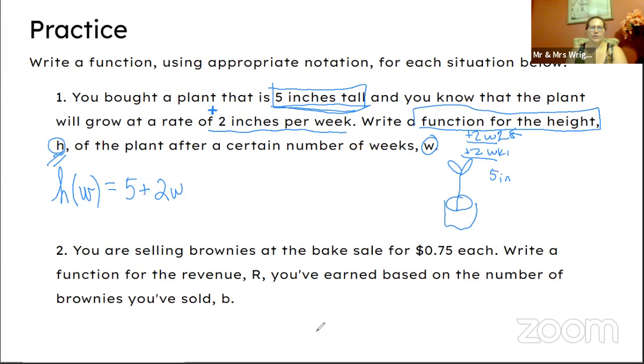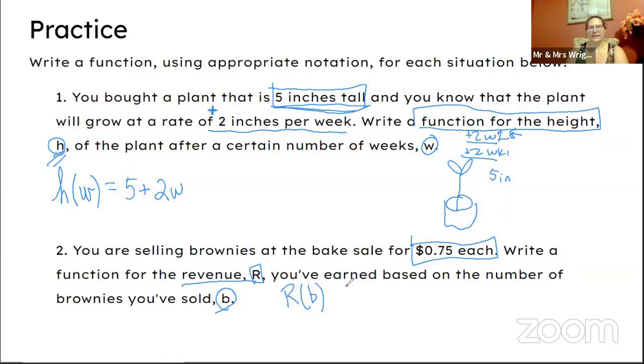so here we're going to sell some brownies at a bake sale for 75 cents each. That seems like it's important information. Write a function for the revenue, R, you've earned based on the number of brownies you've sold, B. So R, revenue based on brownies.